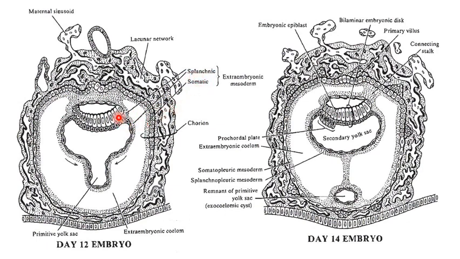This is the epiblast, this is the amniotic cavity, and this is the amnion. Now what is going to happen? This is the primitive yolk sac.